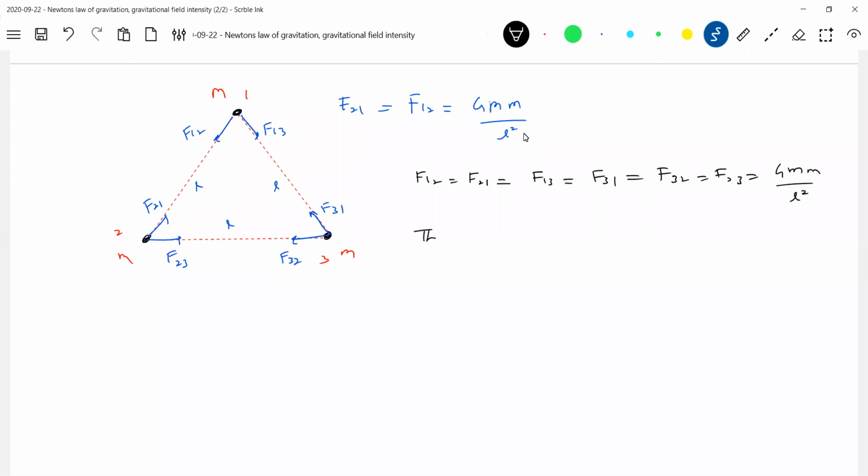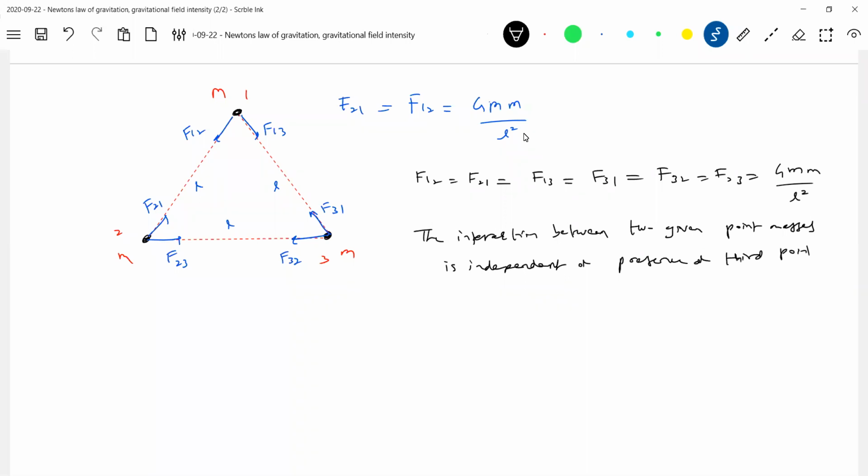The interaction between two given point masses is independent of the presence of a third point mass. This is more generalized. We say the interaction between two bodies is independent of the presence of the third body.